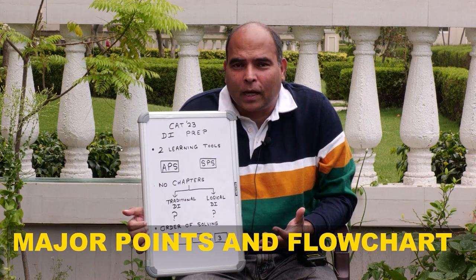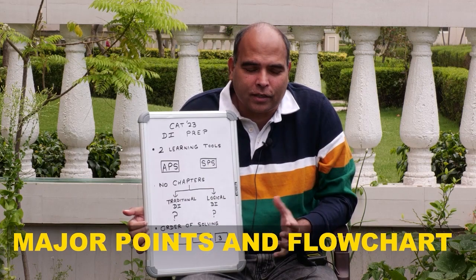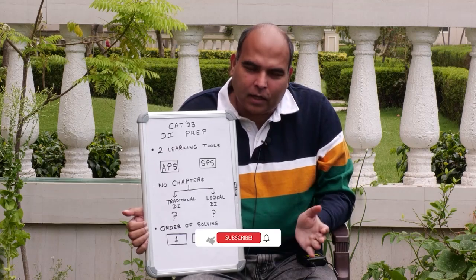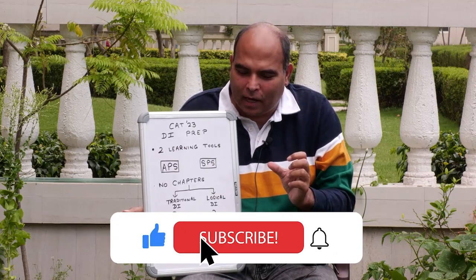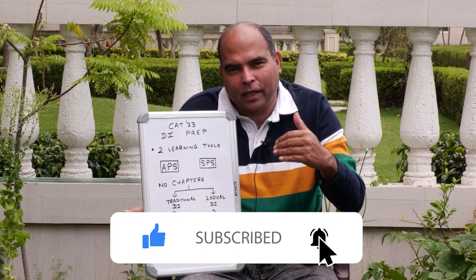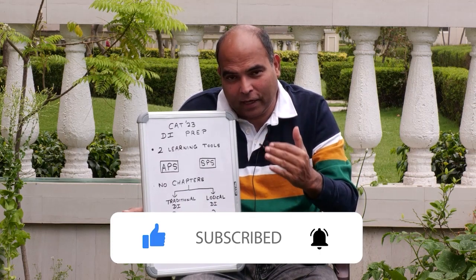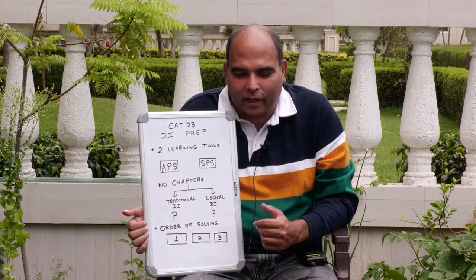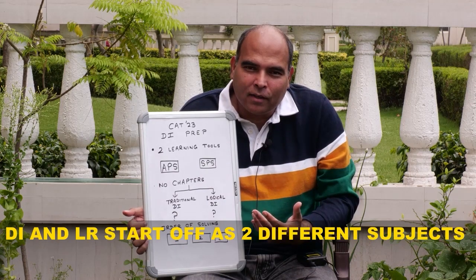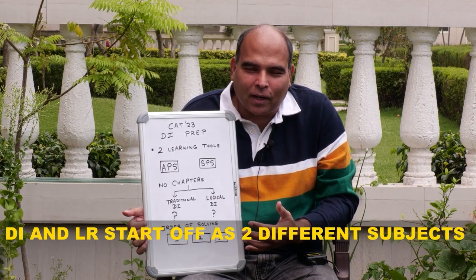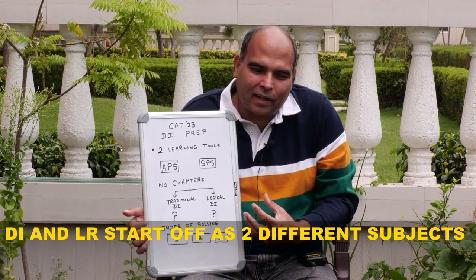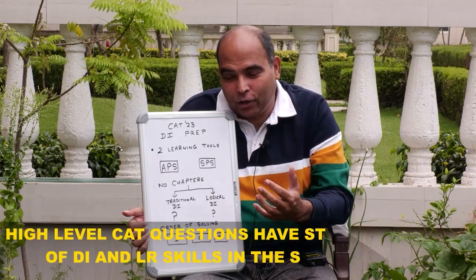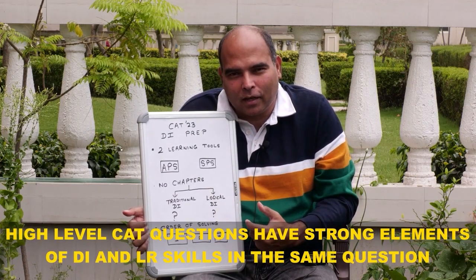Of course, you know that these days data interpretation and logical reasoning, that section, you typically start studying the two subjects separately, but ultimately, when you reach the stage of expertise at DI and LR, you start realizing that puzzles merge between data interpretation and logical reasoning, and you come out of the section without being clear whether you're solving a DI set or an LR set, because DI sets are increasingly built on reasoning, and reasoning sets are increasingly going into numerical data.